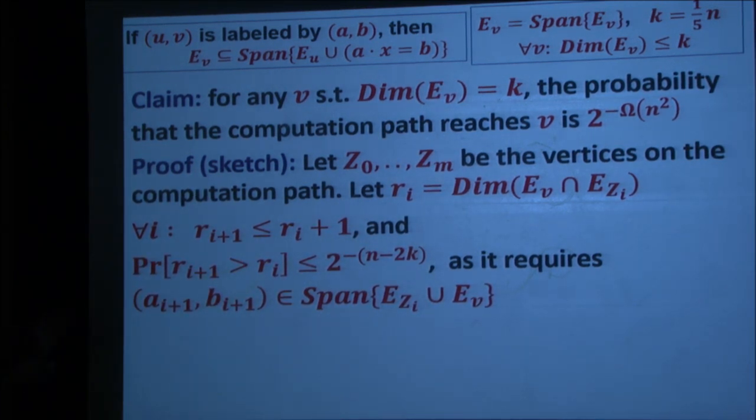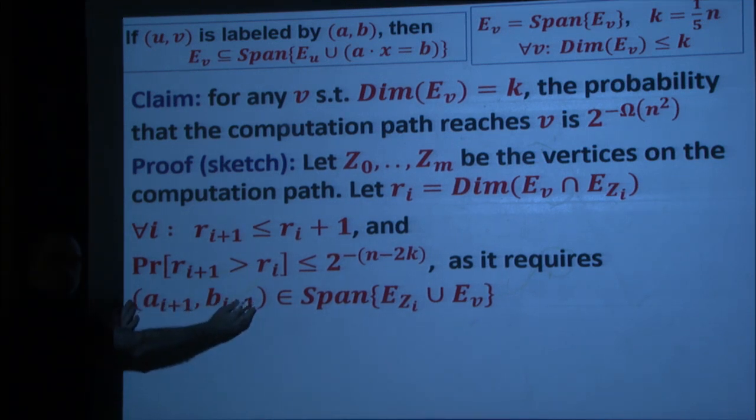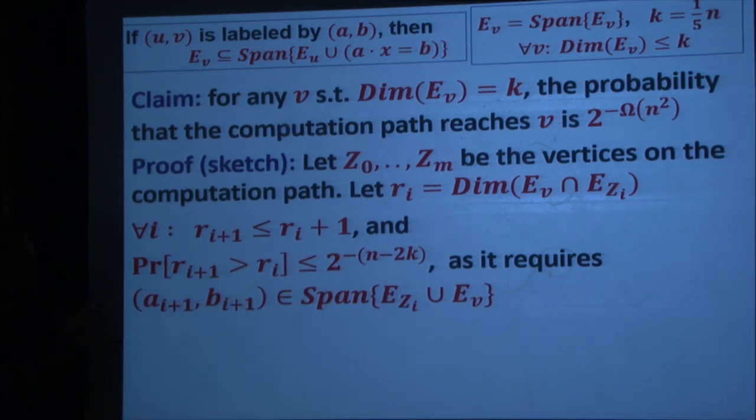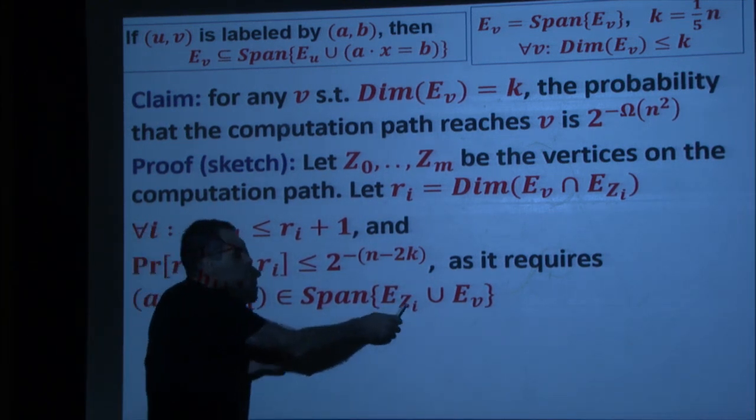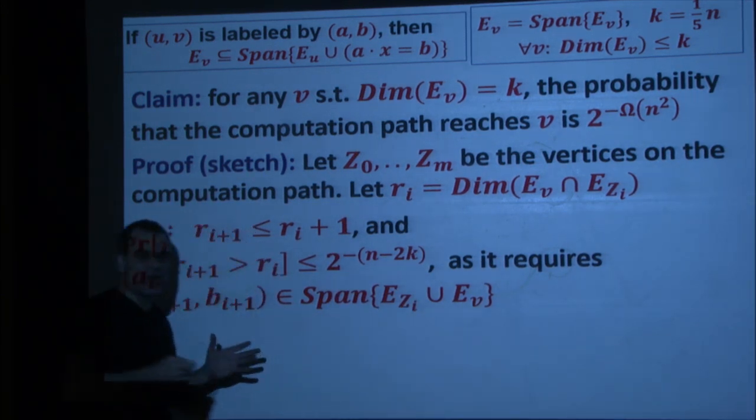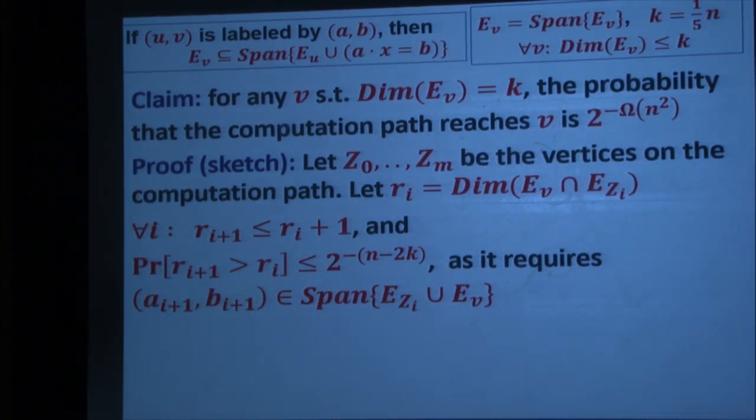But this is because in order for Ri plus 1 to be larger than Ri, you need the new equation that you get, Ai plus 1, Bi plus 1, you need this sample to be somehow related to Zi and V. If Ai plus 1, Bi plus 1 is kind of orthogonal to both EZi and EV, then it will not add anything to the intersection.